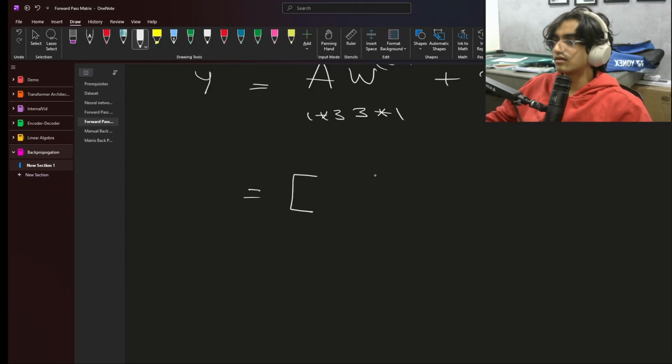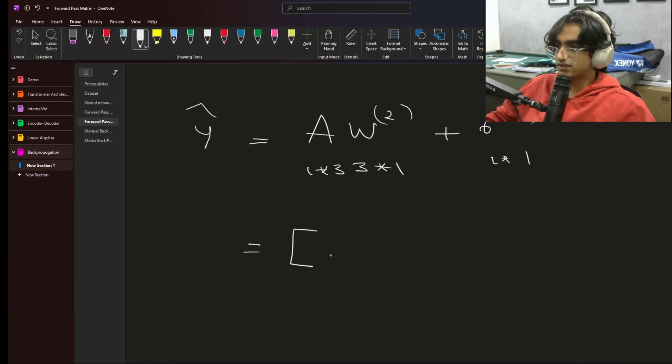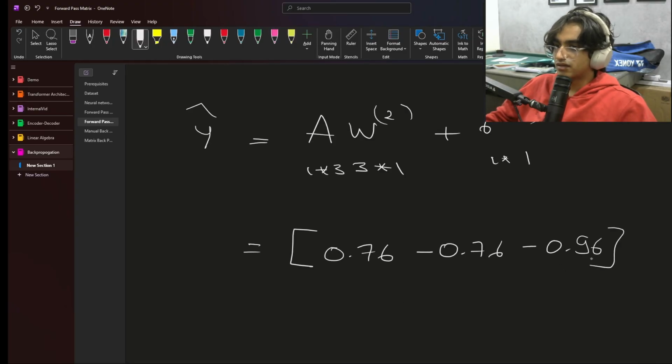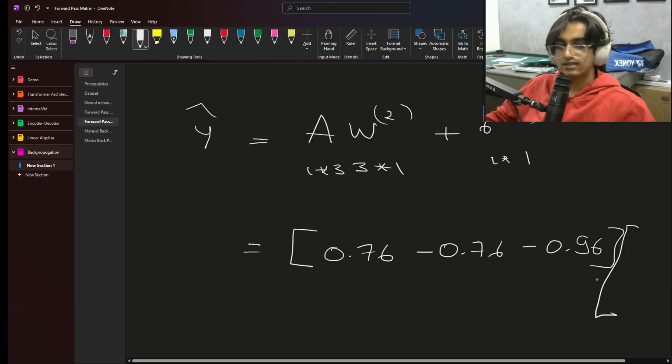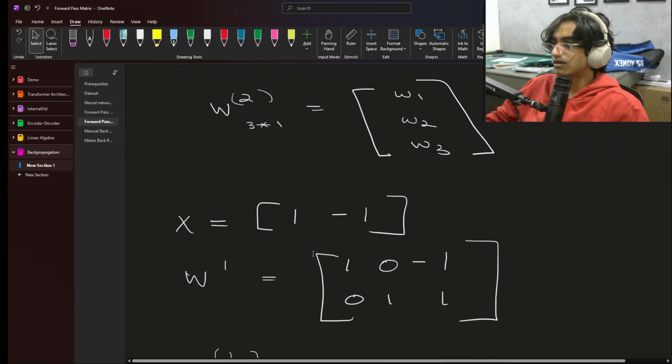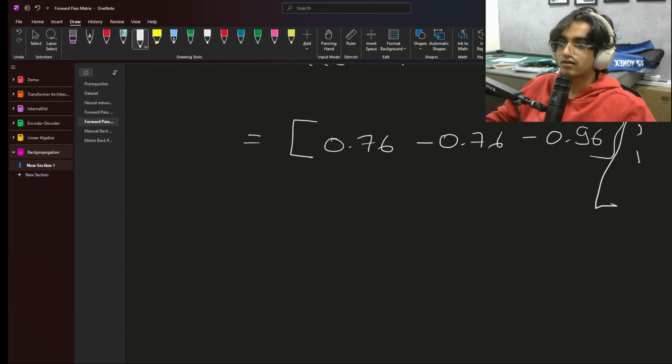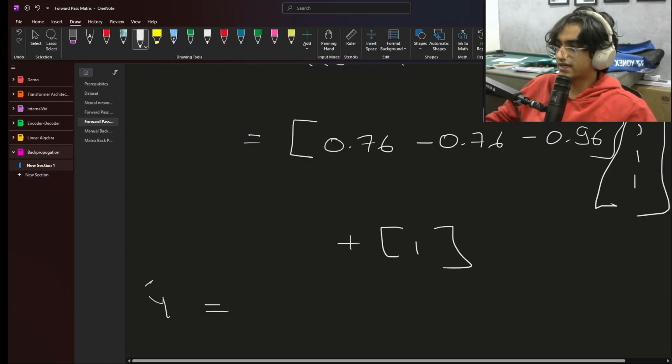We've got 0.76, negative 0.76, negative 0.96, multiplied by our weights W1, W2, W3, which we've taken as all 1, plus our bias, which is just 1. So our y cap, which is also just 1 cross 1, is going to be 0.04.